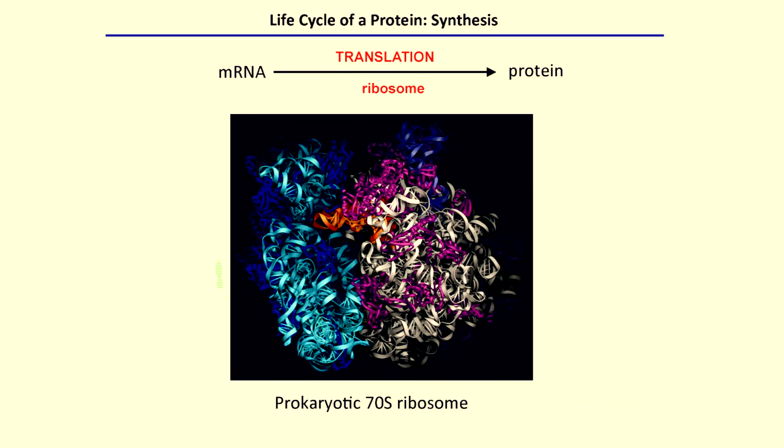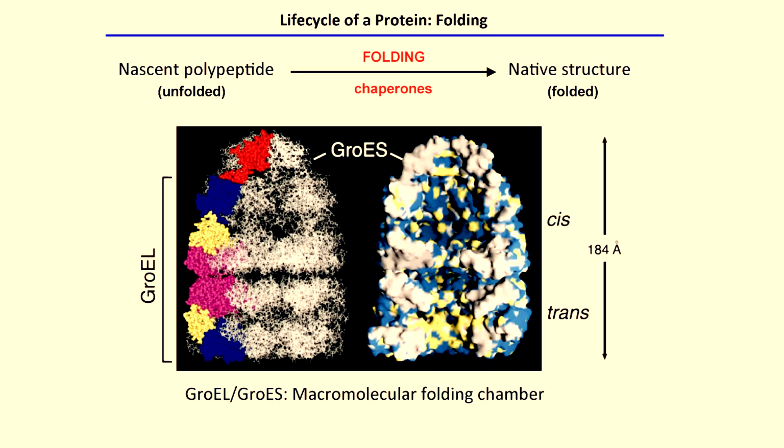We have the ribosome here. What are the structural features of this macromolecular machine, and how does it do its job? We'll look at a number of seminal studies that were done, and it is truly fascinating and incredible. What about protein folding? So look at this macromolecular machine here.